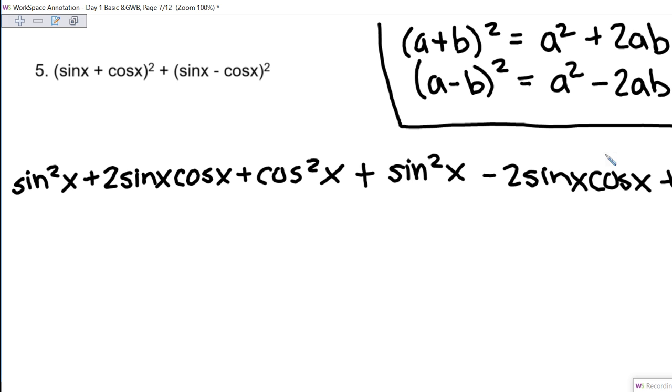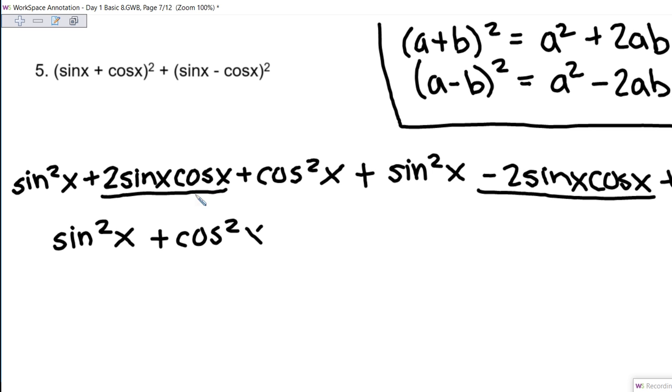Whew. What do I do next? Combine like terms. What are the like terms? Let's hold off on that first. 2 sine of x cosine of x, negative 2 sine of x cosine of x. So this is just sine squared of x plus cosine squared of x plus sine squared of x plus cosine squared of x.